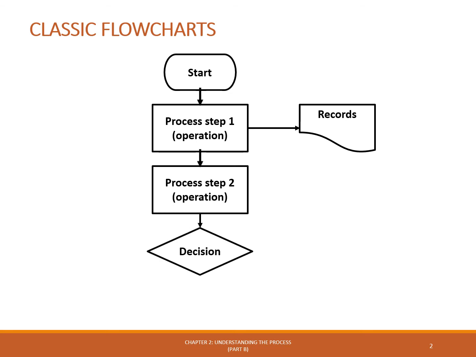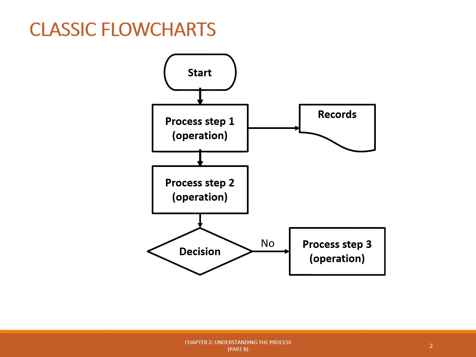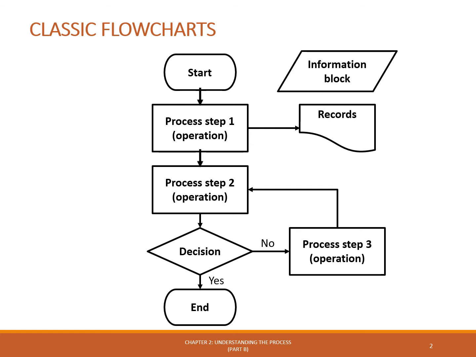A point where the process branches because of a decision that must be taken is represented by a diamond, which can lead to another operation, or for example to the end of the process, which is also represented by an oval. A process can also contain useful complementary information, which should not necessarily be included as part of the process information, and can be placed in a parallelogram.